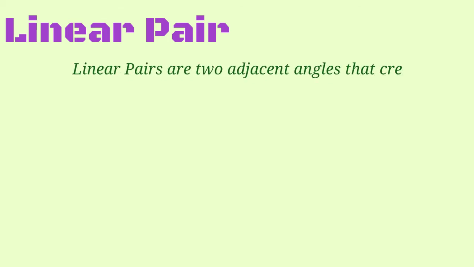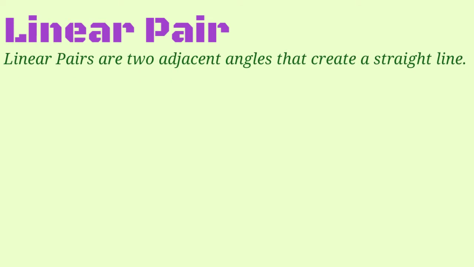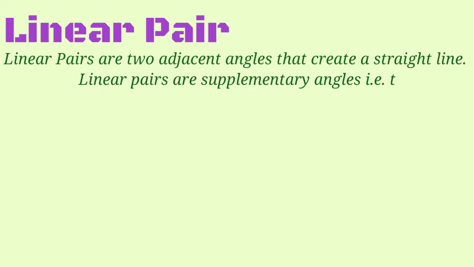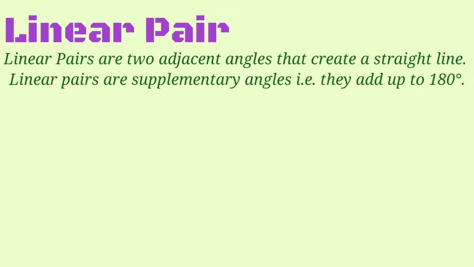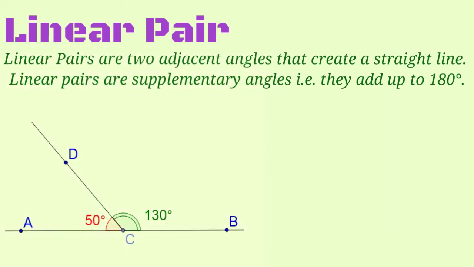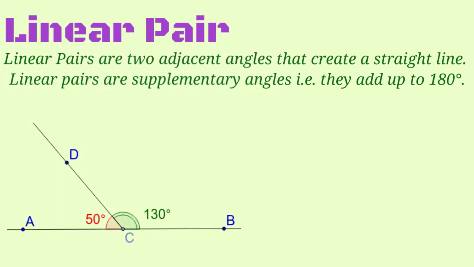Now we will learn about linear pair. Linear pairs are two adjacent angles that create a straight line. Linear pairs are supplementary angles, that is, together they make 180 degrees. See here the example. Angle DCA and angle DCB are two adjacent angles.